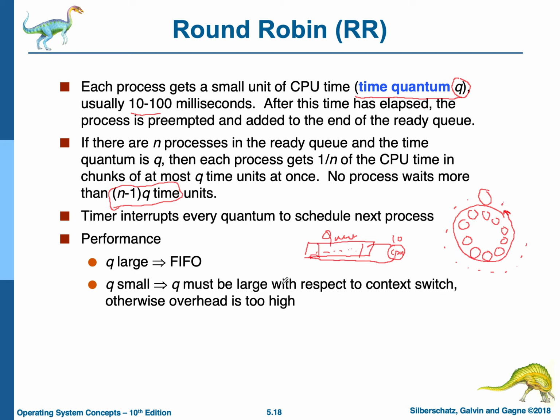This quantum must be large with respect to the context switch, otherwise the overhead is too high. For example, if a job needs 50 units and the quantum is 10, it has to do only 5 context switches.